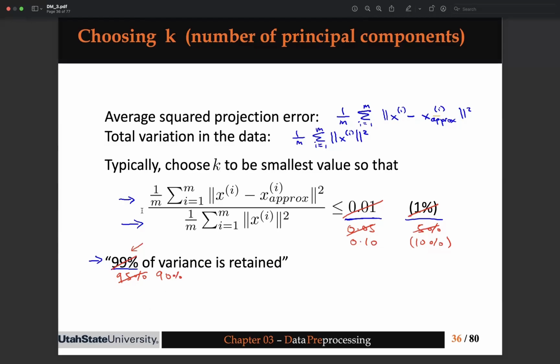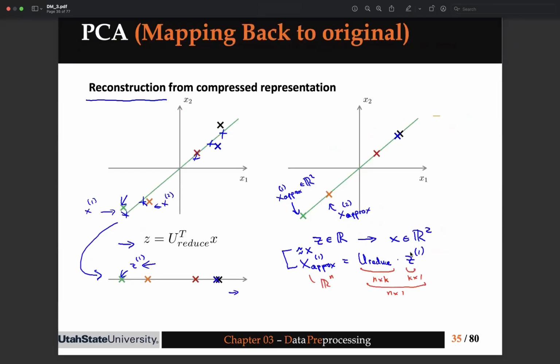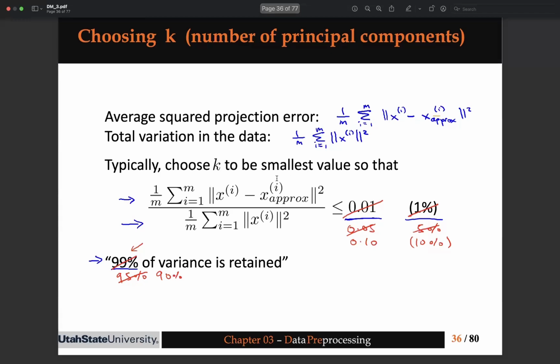So if you look closely in the slides over here, we are computing two things. We are computing the original x minus the x approximation, which is the one that I showed in the previous slide when you multiply the u reduce with the z, right? So this is the projection error, squared, right?